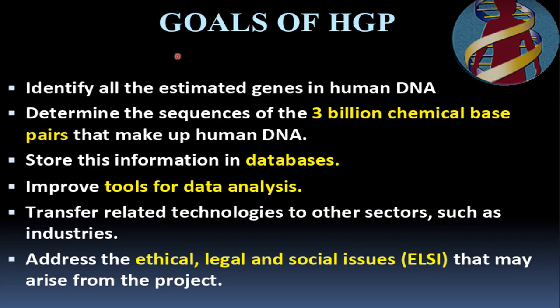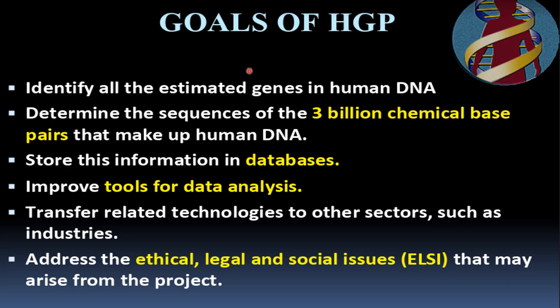Now, what were the goals of the Human Genome Project? First, to identify all the estimated genes in human DNA. The estimated genes in the human genome were 20,000 to 25,000 at that time.